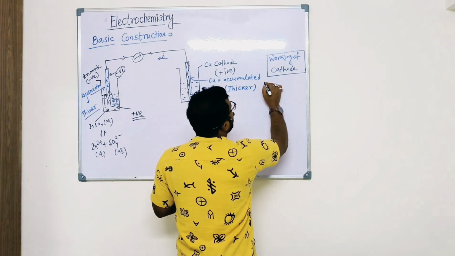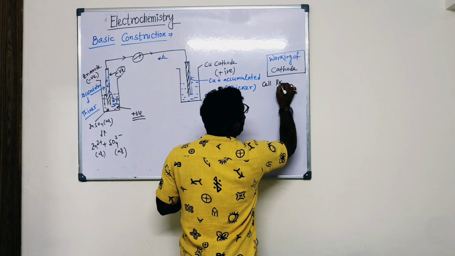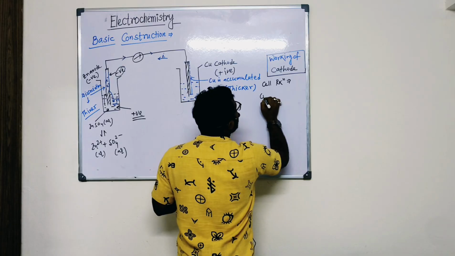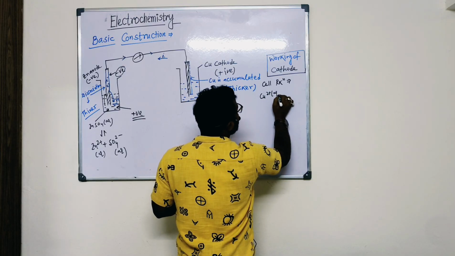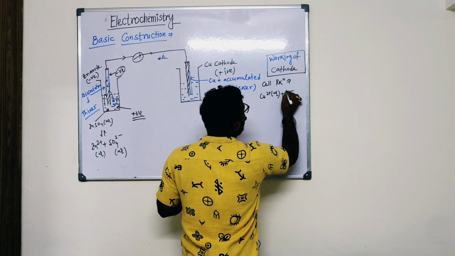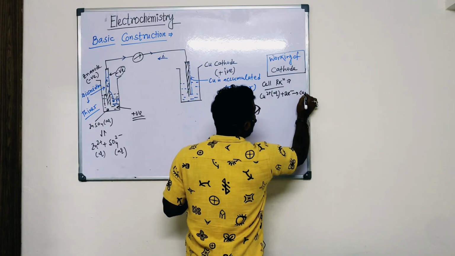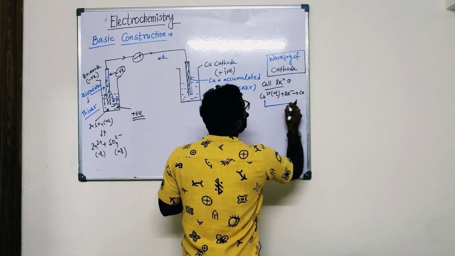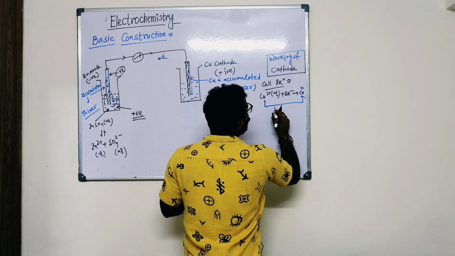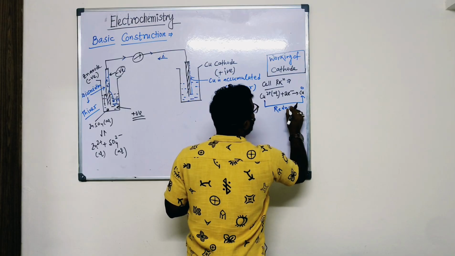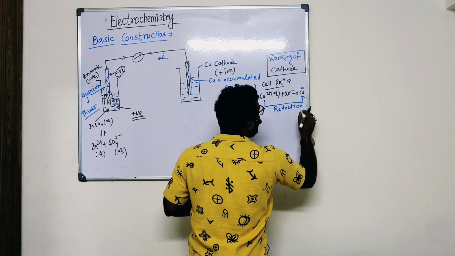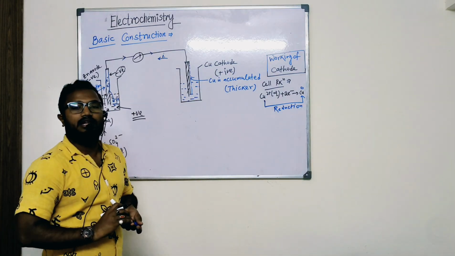In this case, its cell reaction is Cu2+ (aq) + 2e- gives Cu, where the oxidation state goes from +2 to 0. This is considered as reduction. So here reduction is happening. So what happens in the cell?